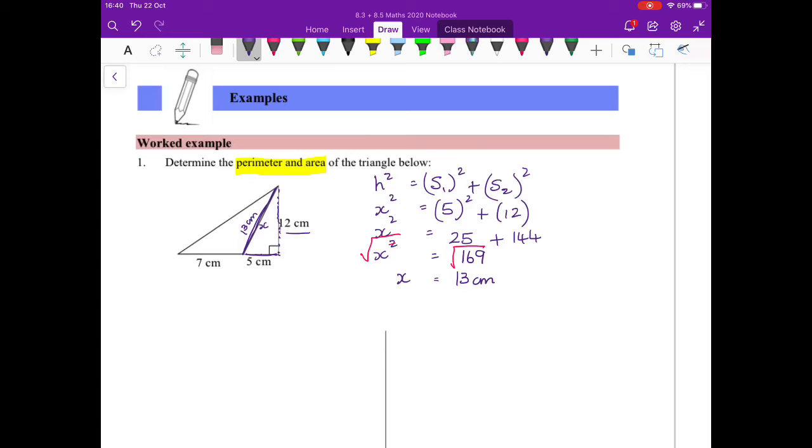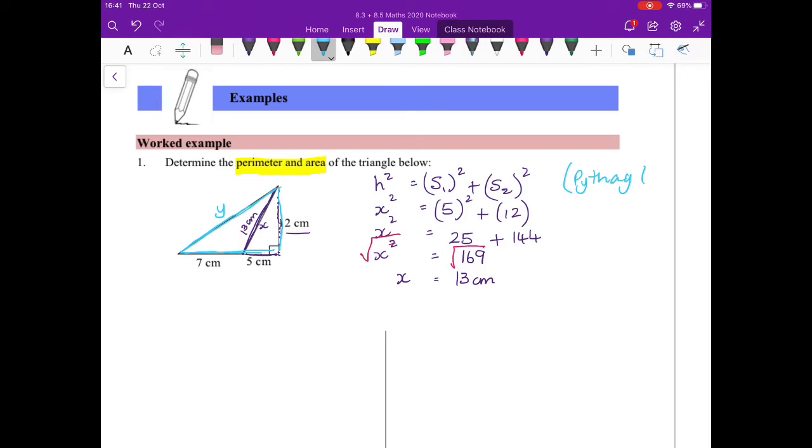To continue with my perimeter, I now have to find this hypotenuse. I cannot use this triangle here, so I have to use the large triangle. So I'm going to use this triangle like that. And again, I'm going to do Pythag. Don't forget your reason, Pythag. Okay, so I'm going to call my hypotenuse y this time.